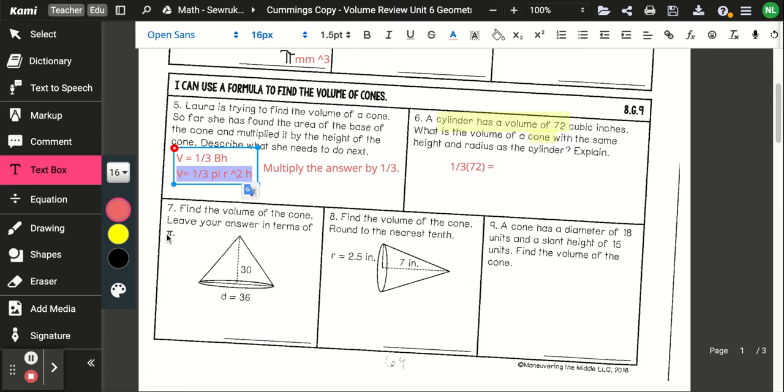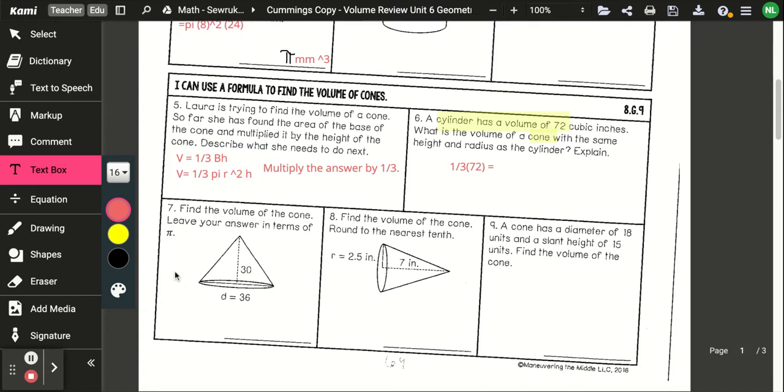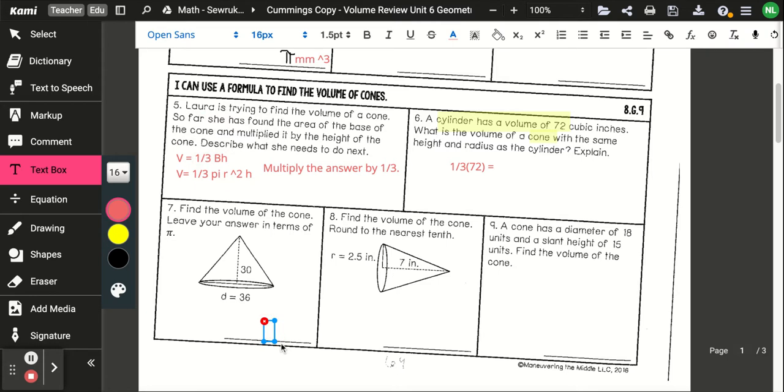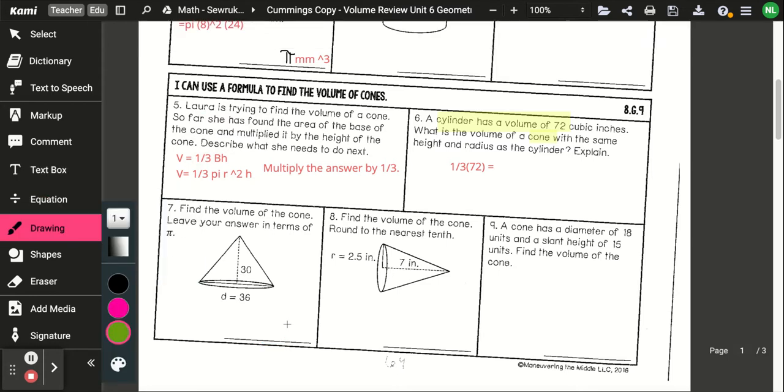And remember, if they want the answer in terms of pi, you don't put 3.14 in your calculator. You just do 1/3 times the radius squared times the height. And then you leave the pi. You leave pi on there. So it's going to be pi and then units cubed.